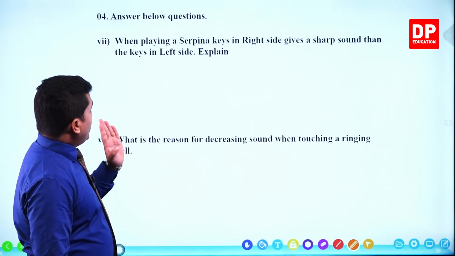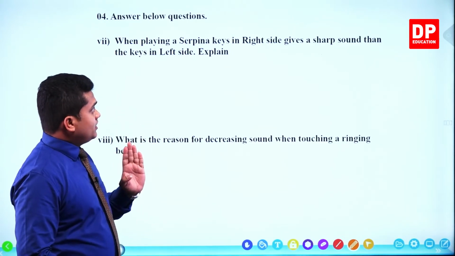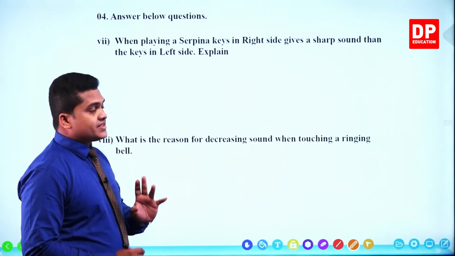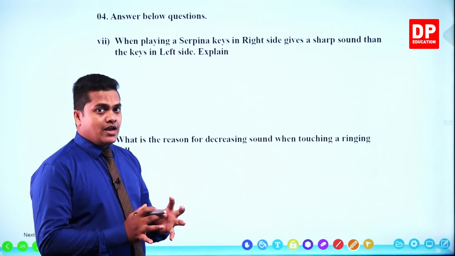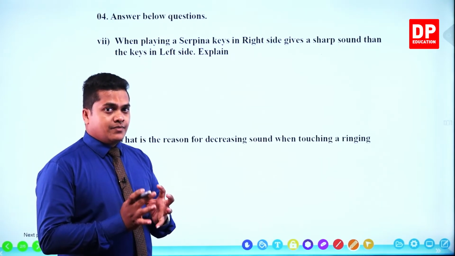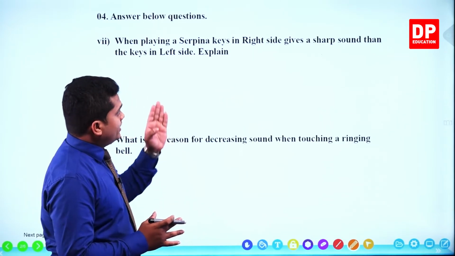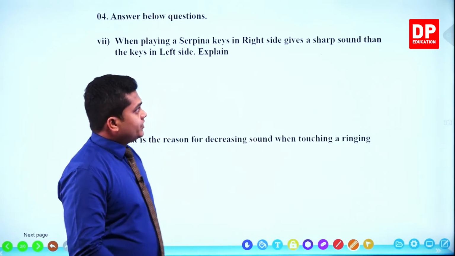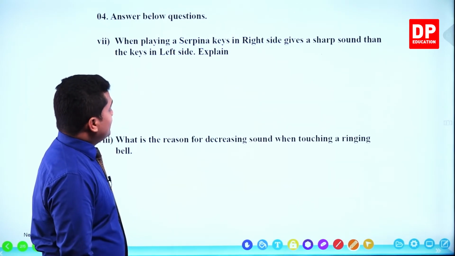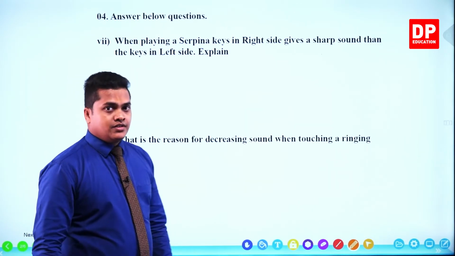When playing a serpina, which means the harmonium, keys on the right side give a sharper sound than the keys on the left-hand side.